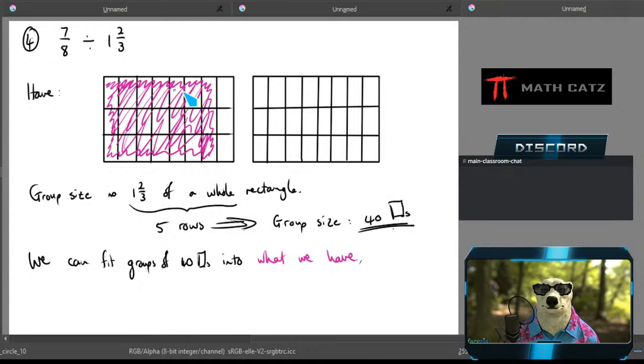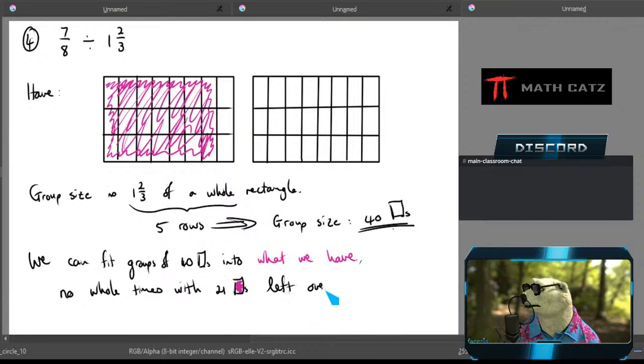I have a row here of 7 pink ones. 3 times 7 is only 21, right? So no whole times, just to emphasize, with all 21 left over. And those 21 are pink. 21 left over. Left over, as I suspected.